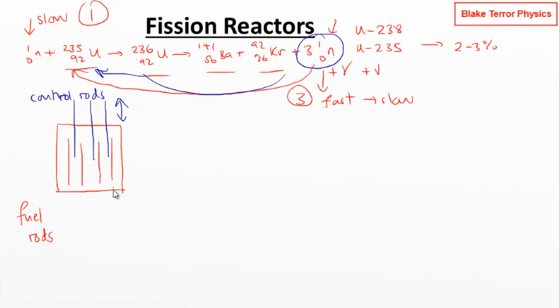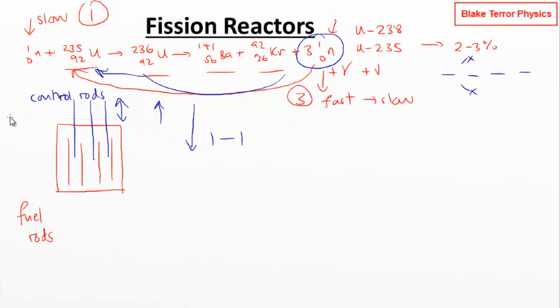So when you flick the on switch of a nuclear reactor, a fission reactor, you want the control rods out, get everything going up to speed, and then move them in so that it's sort of one for one. So out of the 3 neutrons that get produced in this reaction, 2 of them get absorbed by the control rods, and 1 of them will interact with uranium-235 to get the next reaction, in which case we've just got a 1 to 1 to 1 to 1 chain, and all these extra ones are just getting blocked off by the control rods.